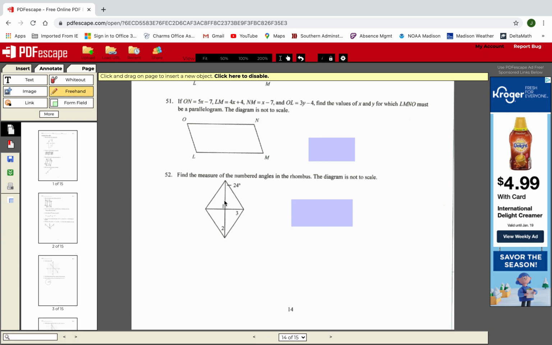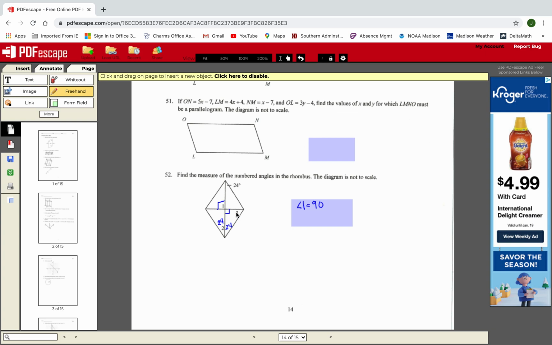So we already know that angle 1 is 90. I was looking at the 24. Angle 1 is 90. Okay. We also know that opposite angles are congruent and that the diagonals bisect the angle. So we know that angle 2 is also 24. And the one right next to it is 24. And all of the angles in the middle are 90.